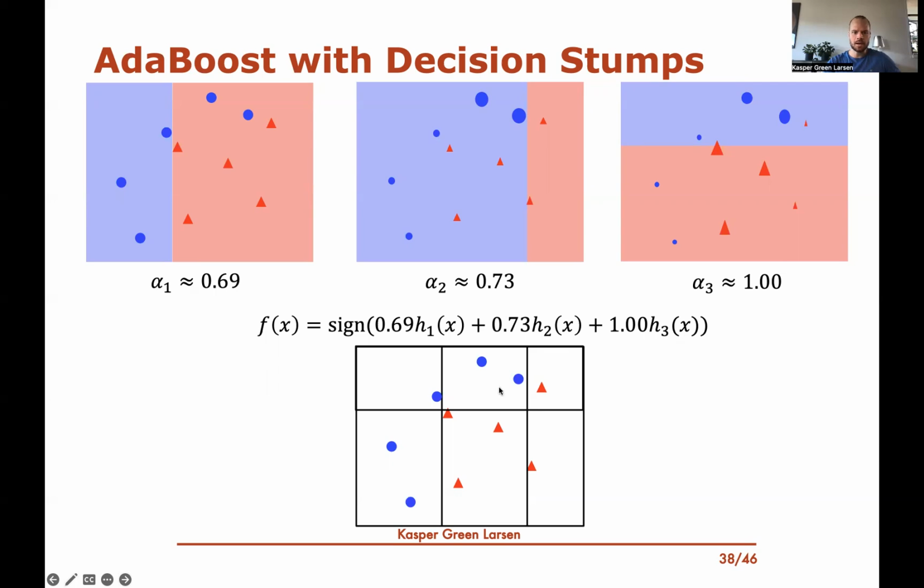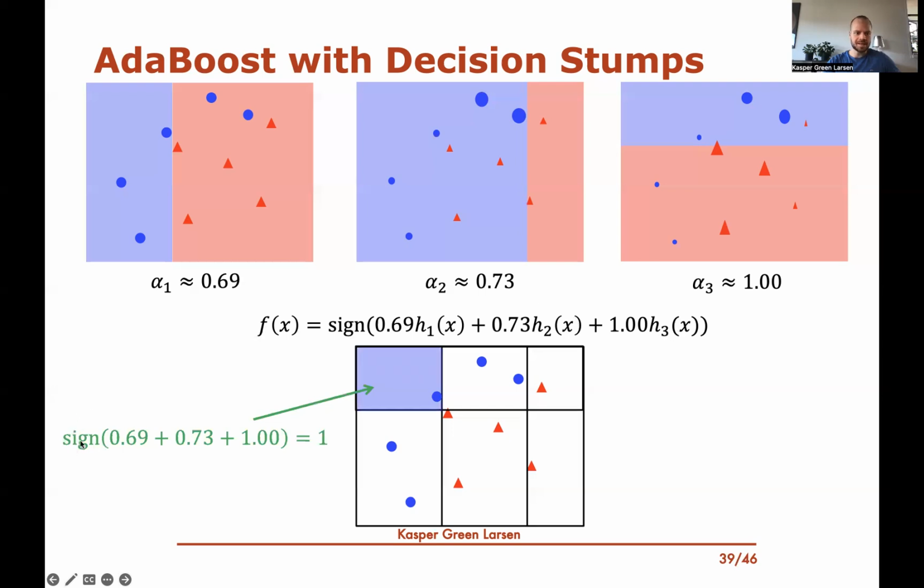Maybe we can try to just look at the different regions. If we ask it to classify a point in any of these different boxes here, what would the classification be? Right. So if we look first at the top left corner here, you can see that the first hypothesis predicts class 1, and class 1. So the predictions by each of the base hypotheses are all 1.